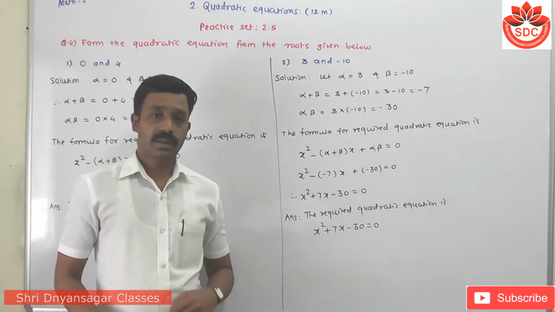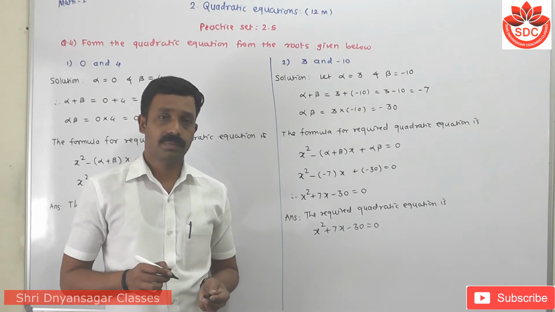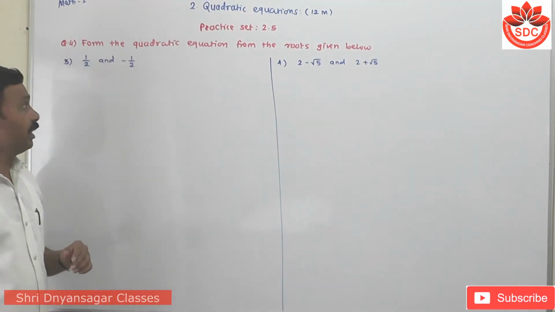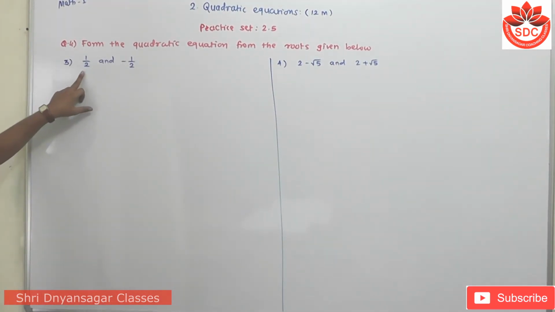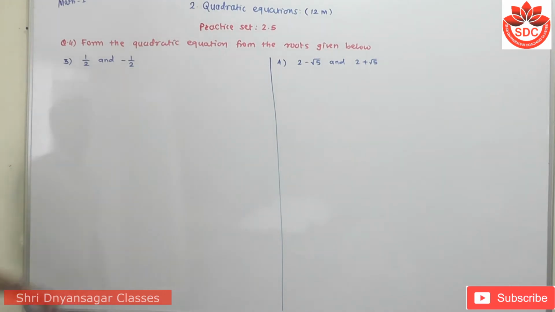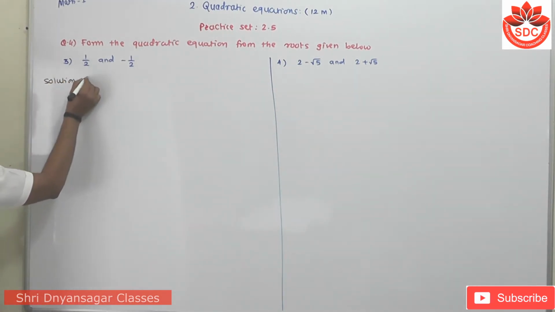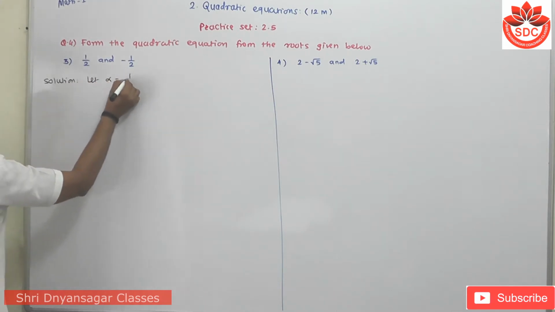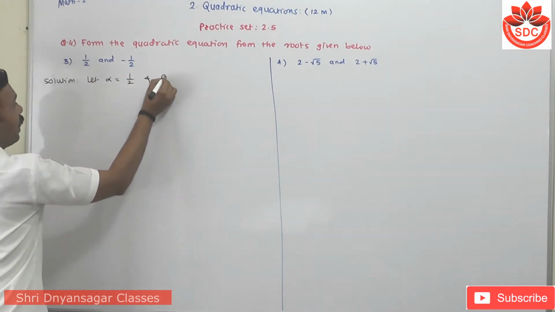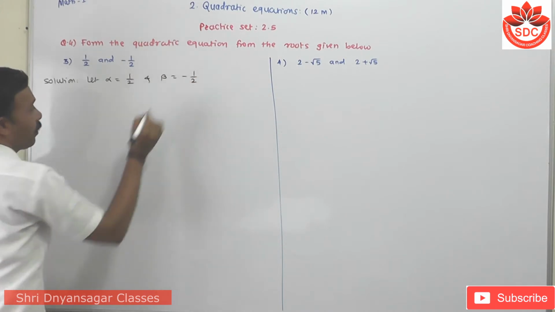Okay, we take the next example. The next question is third, 1 upon 2 and minus 1 upon 2. Its solution is, let alpha equal 1 upon 2 and beta equal minus 1 upon 2.